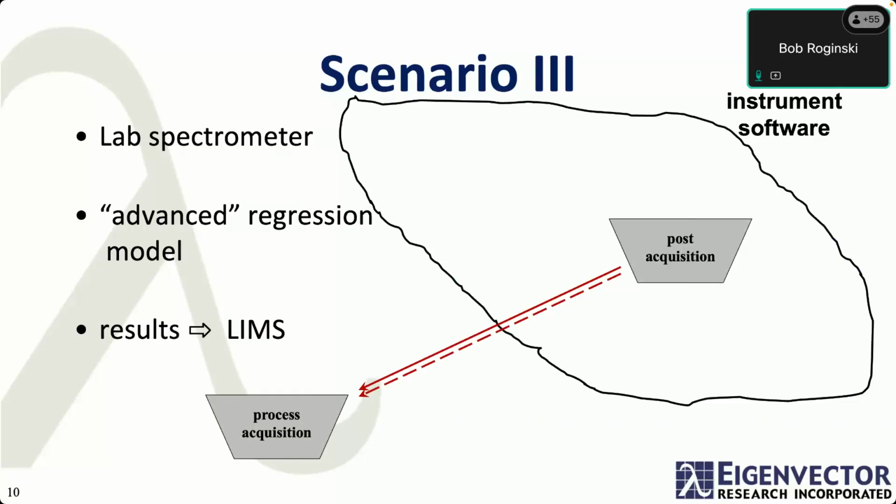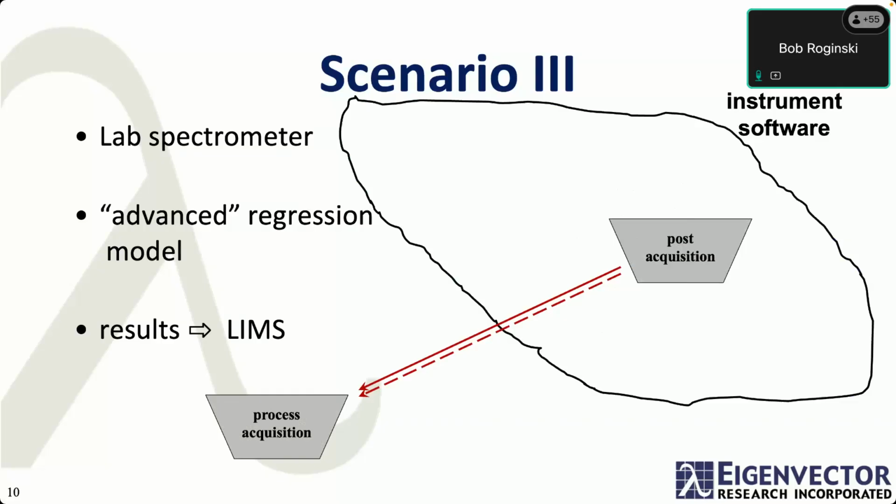The dashed line, you can think of that as there's not a direct connection, but the application of the model will take place regardless.